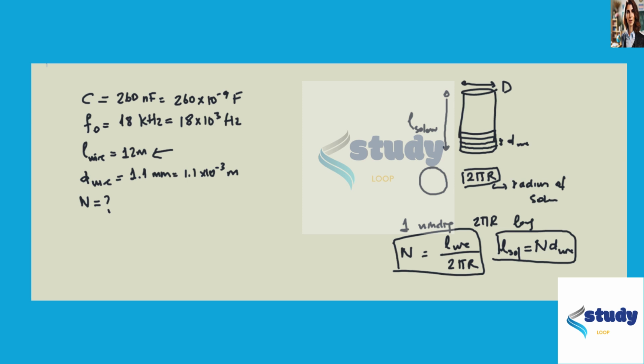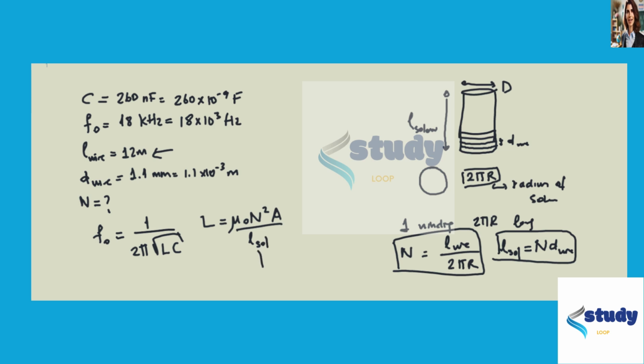Now, going back to the main equation, we're given the resonant frequency, and let's remember what the resonant frequency equation looks like. F naught equals 1 over 2 pi square root of the inductance times the capacitance. Let's remember what L was. L is mu naught n squared times A over L for a solenoid.